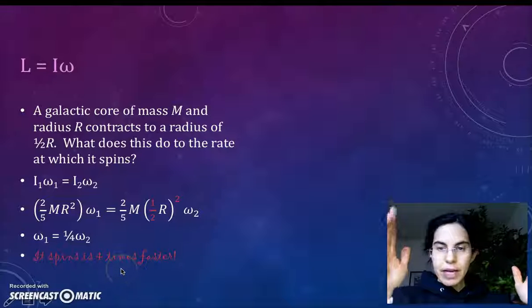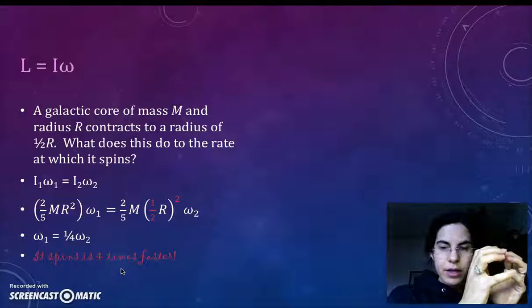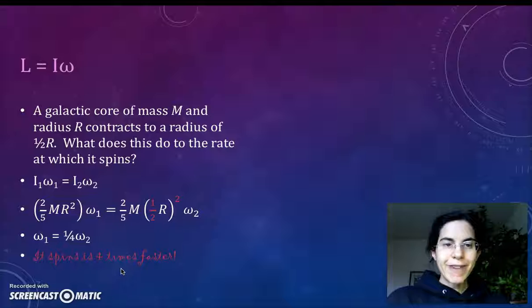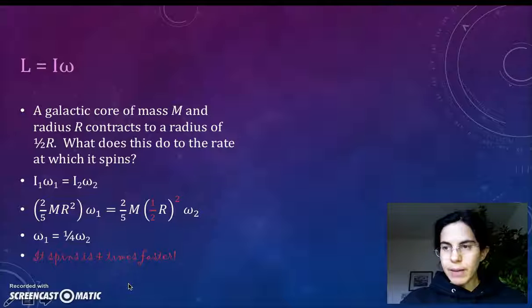If you take a sphere and contract it so that its radius diminishes by a factor of 2. If its radius, not its volume, not its area, but its radius, is half as big as it was before, that's going to have the effect of making that core spin 4 times faster.